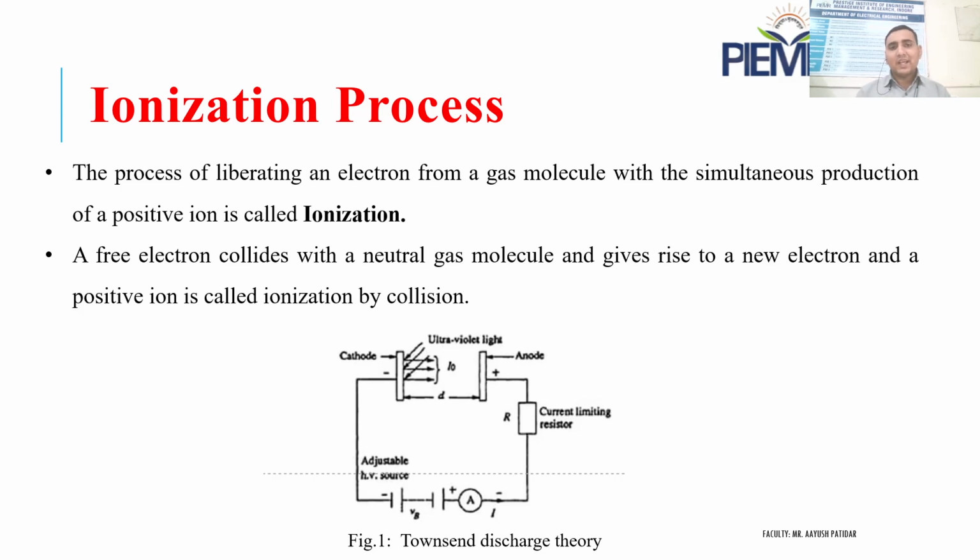Now let us assume we put a UV light, which carries high energy radiation, on this gaseous dielectric medium. What will happen? Let us assume 100 electrons are being transferred from the cathode to the anode side.